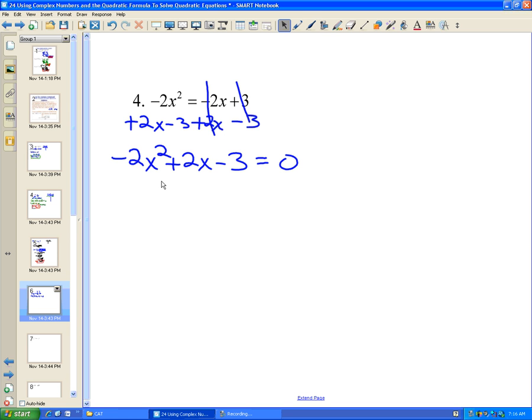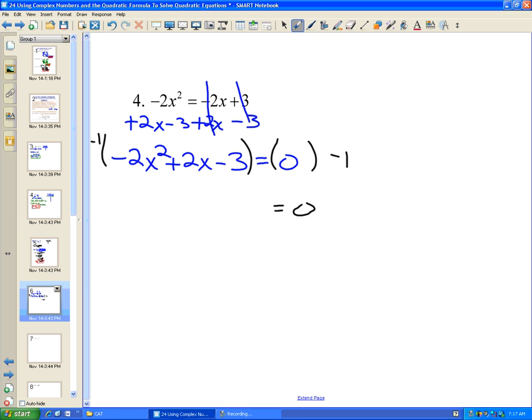Now, the one thing I've said earlier is I really don't want my leading coefficient, my x squared, to be negative. If I can have this be positive, it makes it a much nicer problem. So I'm going to multiply both sides by negative 1. On the right side, it doesn't change anything. I still have 0.